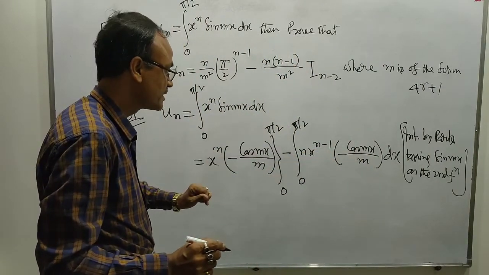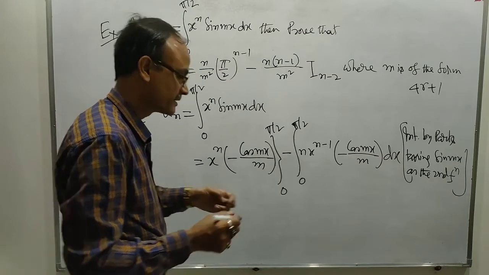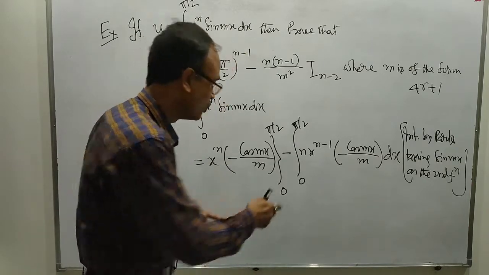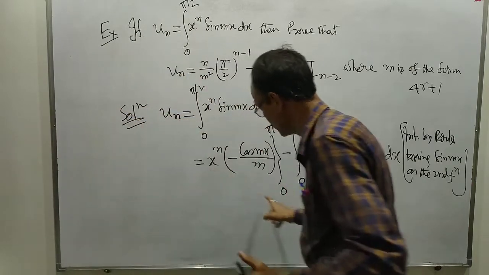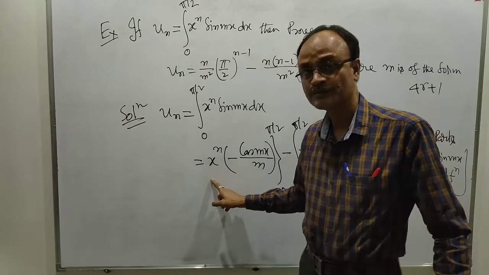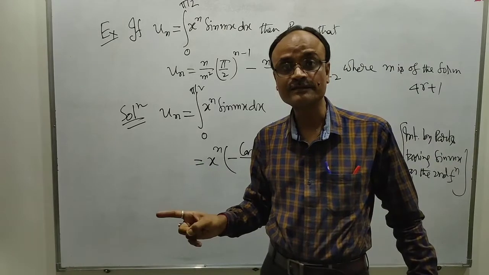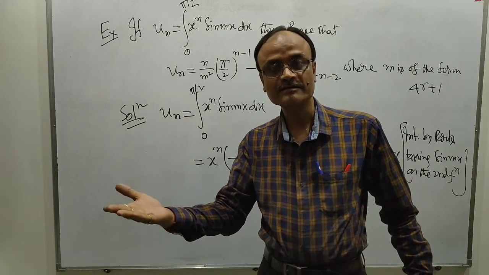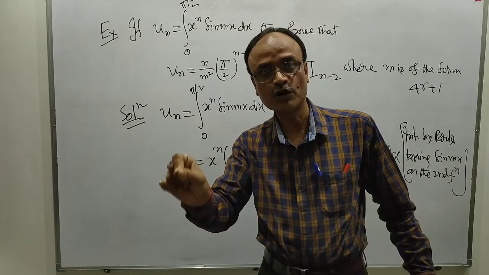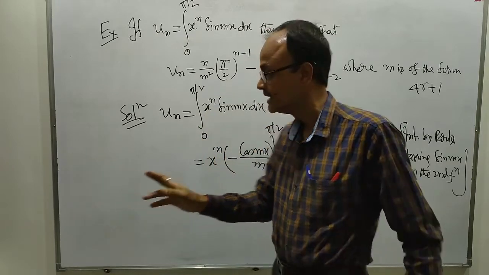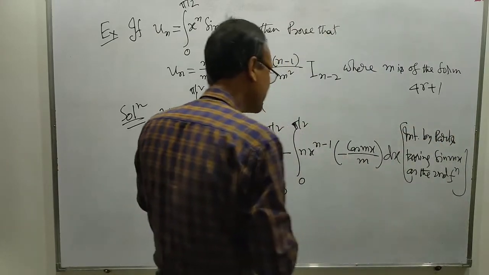Now you see here, if you put 0, it will be 0. If you put pi by 2, what will be the value of cos mx? We are given that m is of the form 4r plus 1. What will be the value of cos mx?